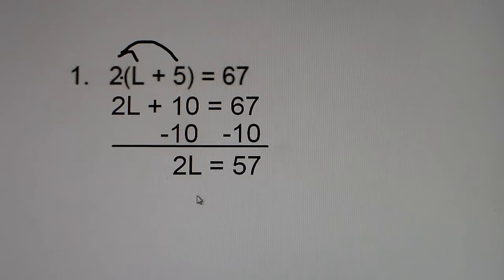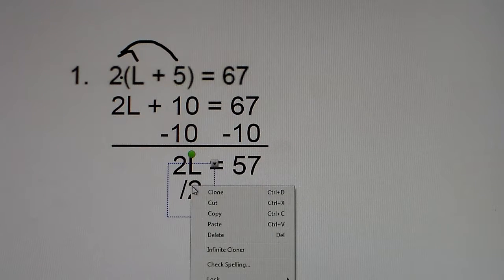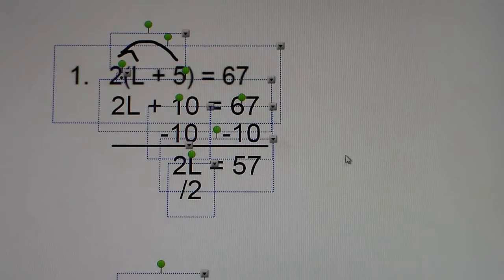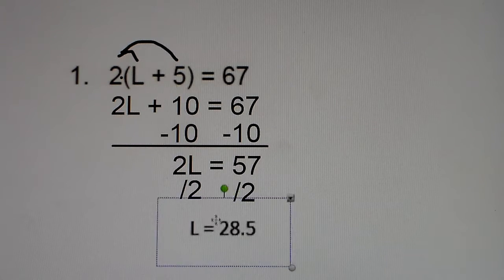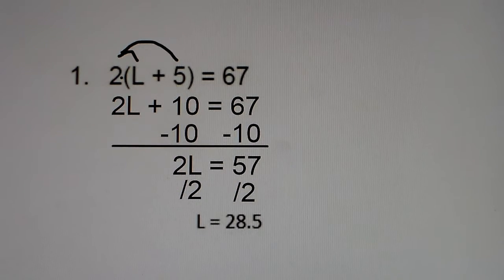Then we divide by 2 on both sides, and we get L equals 28.5 for problem number 1. Not too bad, you just have to remember the distributive property. This is just with the one variable L, but now we're going to get into multiple variables.